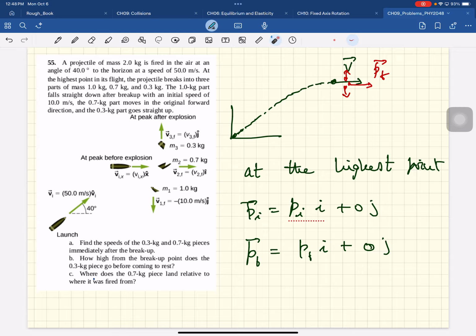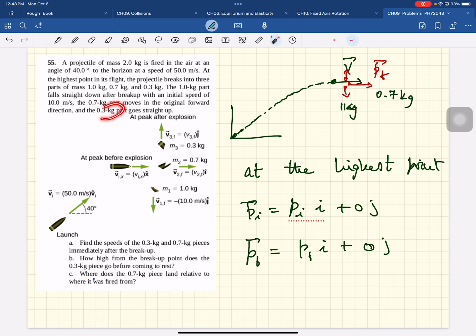So they tell you the projectile breaks into three parts, 1 kg, 0.7 kg, and 0.3 kgs. The 1 kg part falls directly down. This is 1 kg. The 0.7 kg part moves in the forward direction, so 0.7 kg.